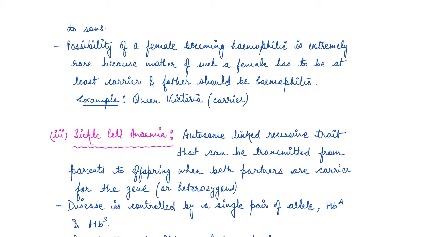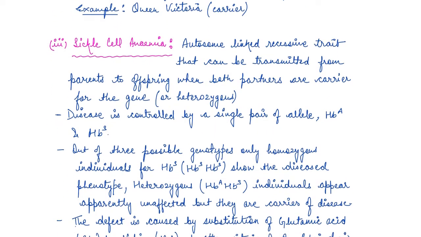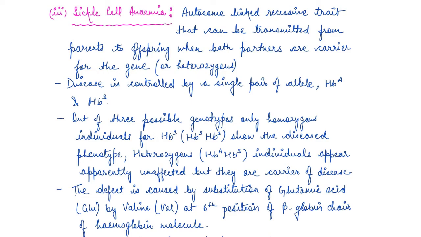Now the third type of Mendelian disorder is sickle cell anemia. This is an autosome-linked recessive trait. Again, it can be transmitted from parents to offspring when both partners are carriers for the gene, or heterozygous.